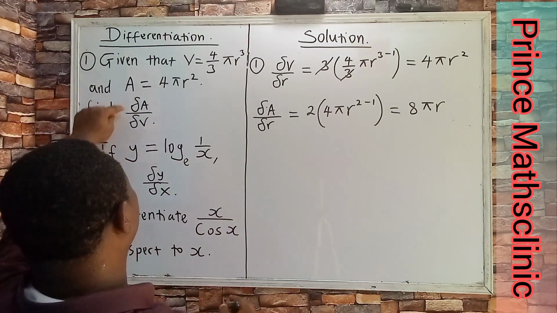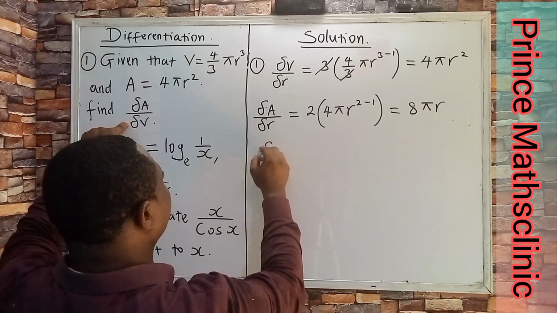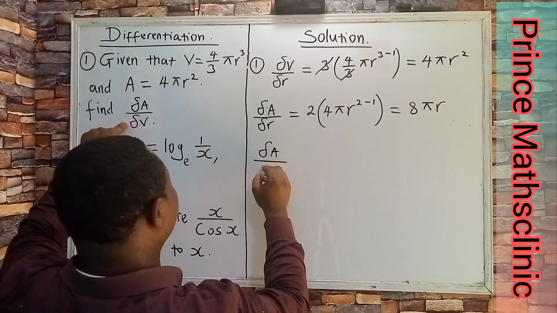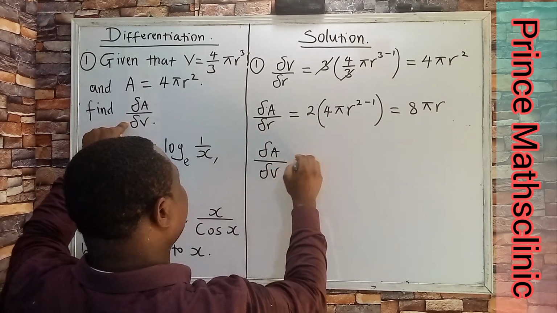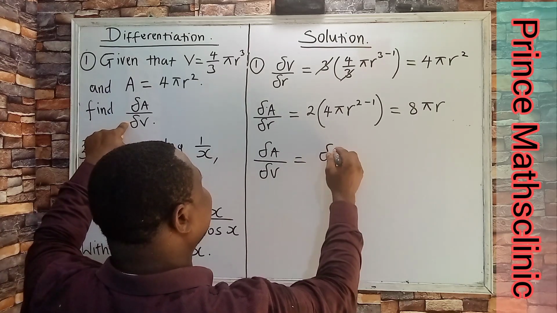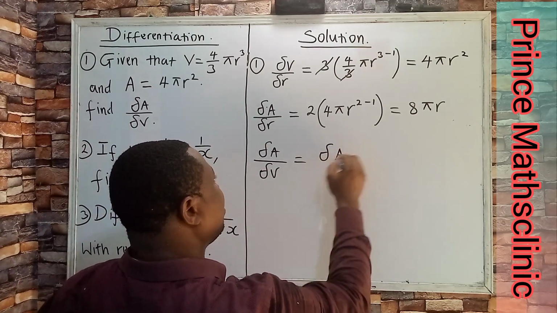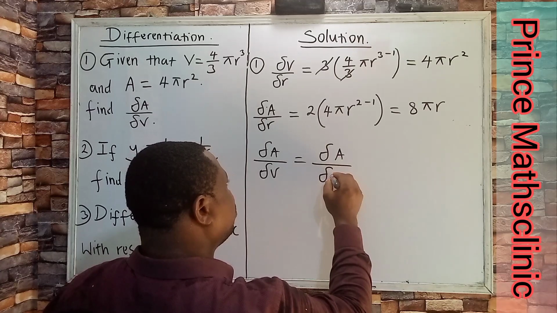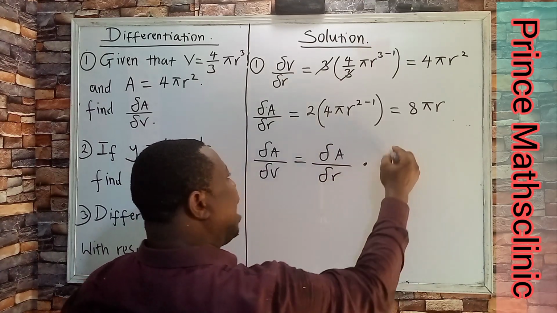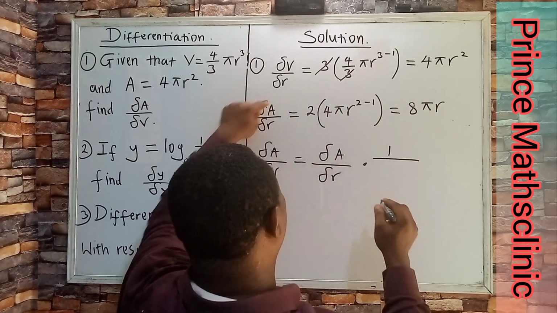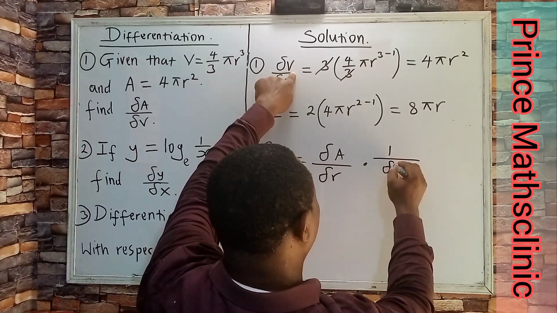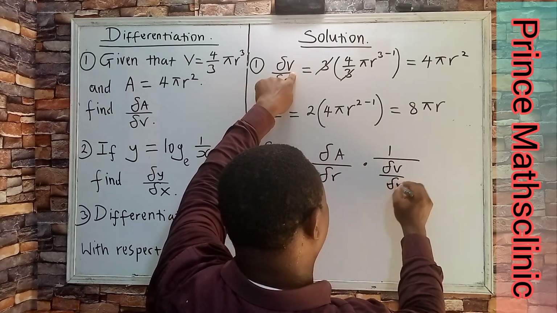But for us to obtain dA/dV, it means we have to multiply dA/dr by the inverse of dV/dr.